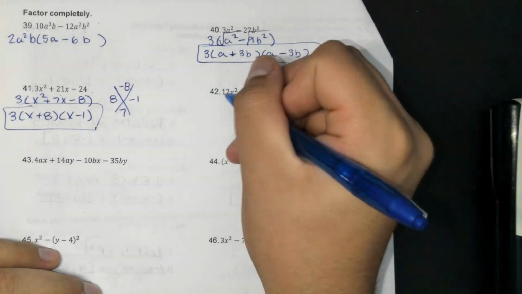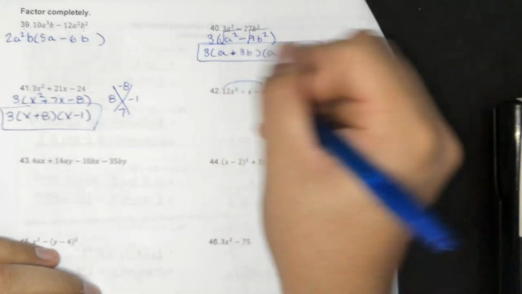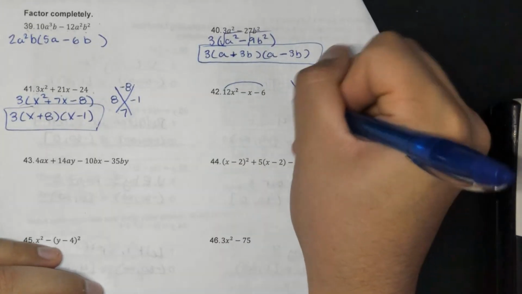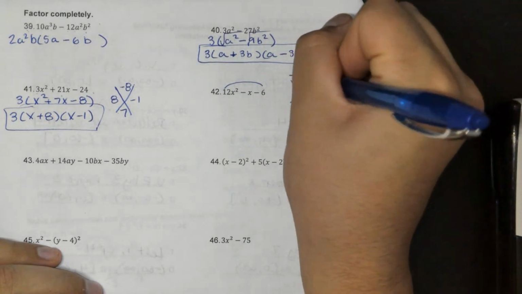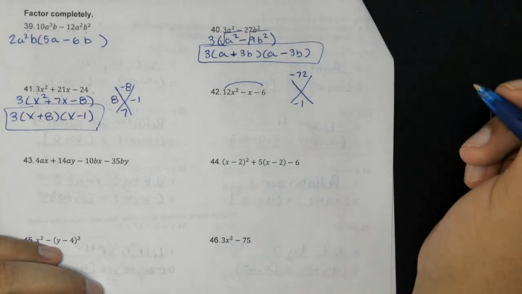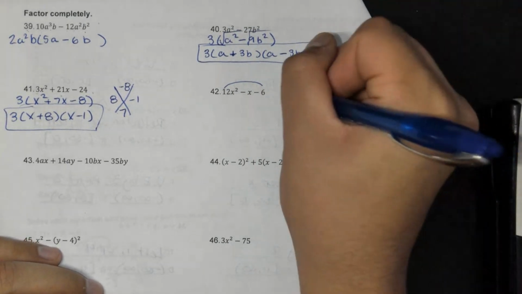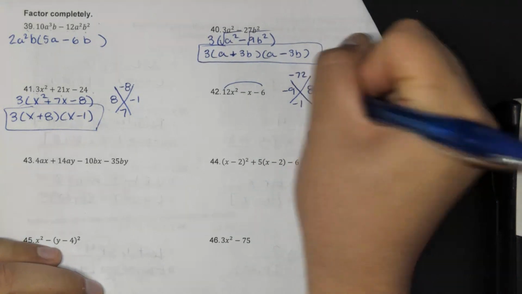Alright, then on 42 there's no GCF, so let's split the middle term. Alright, so 12 times negative 6, that's negative 72, and then the middle term is negative 1. So two numbers that multiply to negative 72 add up to negative 1. That would be negative 9 and positive 8.